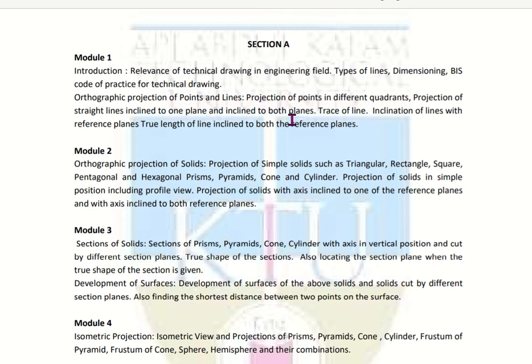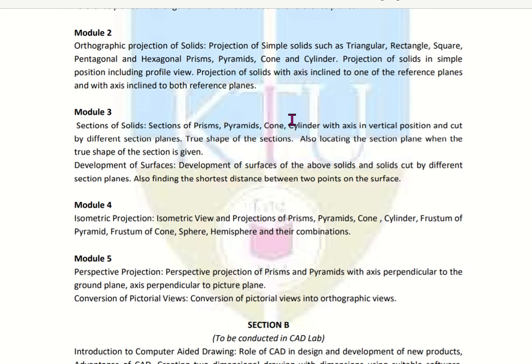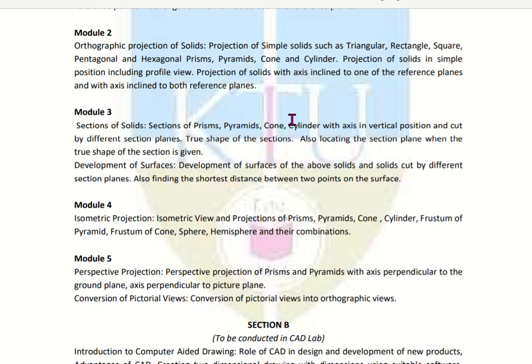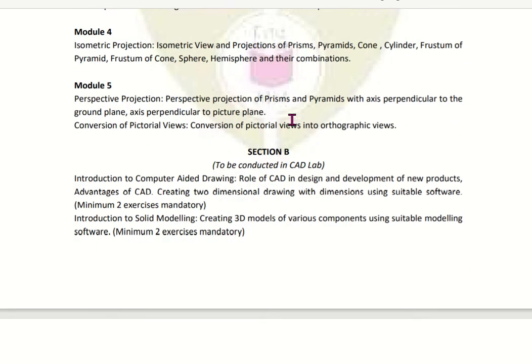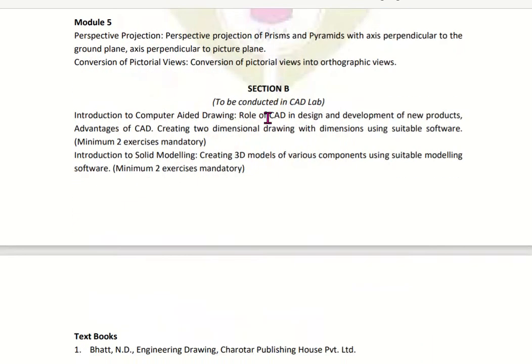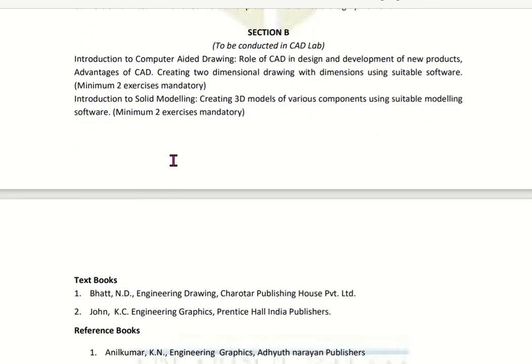So these are the detailed modules of the syllabus. You can go through the syllabus in detail. Also, we have two sections, section A and section B, and each portion has its own marks.